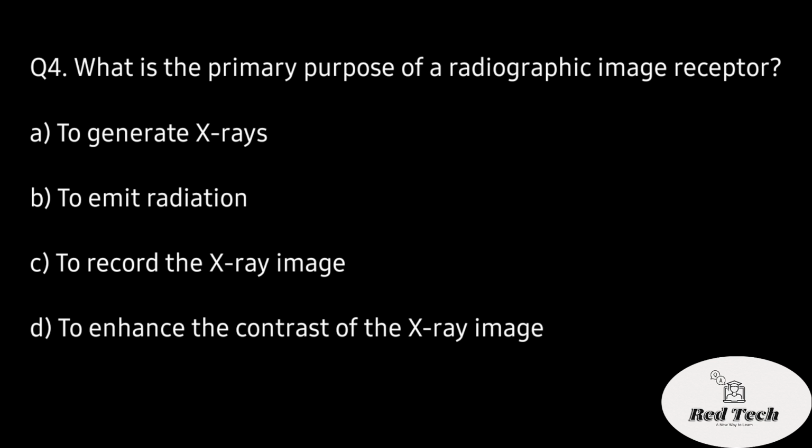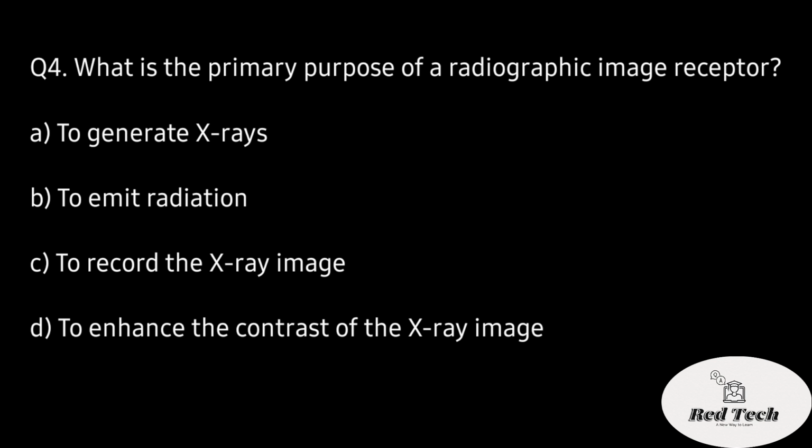Now question number 4. What is the primary purpose of a radiographic image receptor? We have a radiographic image receptor in our X-ray room. So what is the main purpose of that equipment? Options are: option A to generate X-rays, option B to emit radiation, option C to record the X-ray image, and option D to enhance the contrast of the X-ray image.